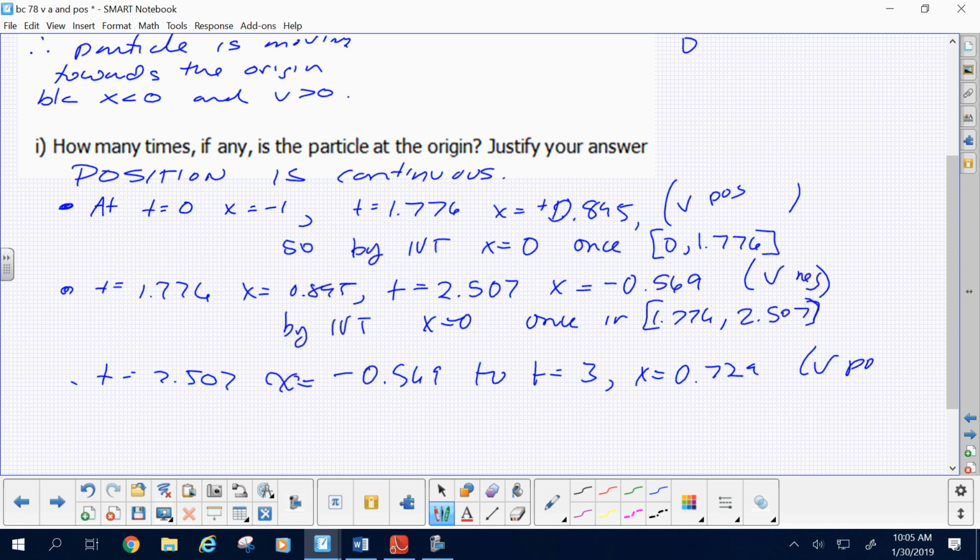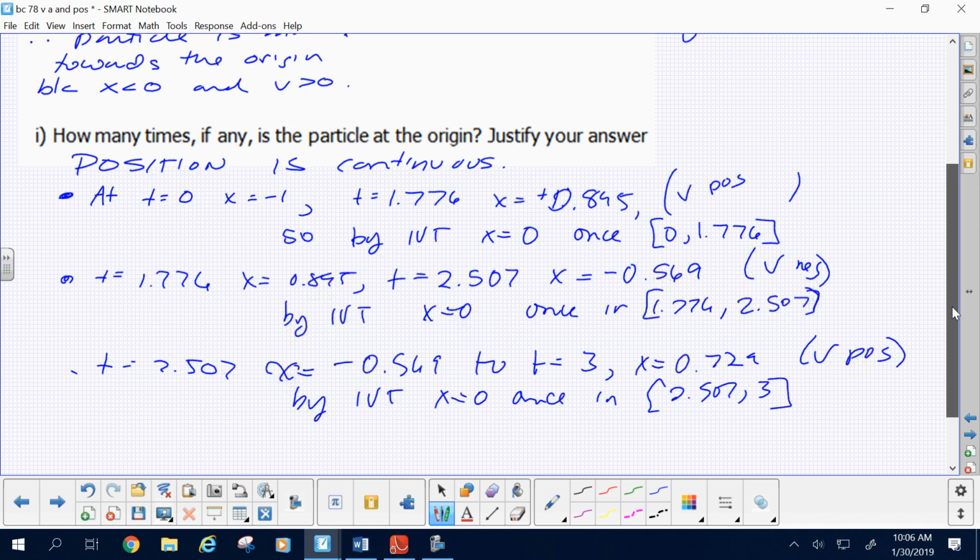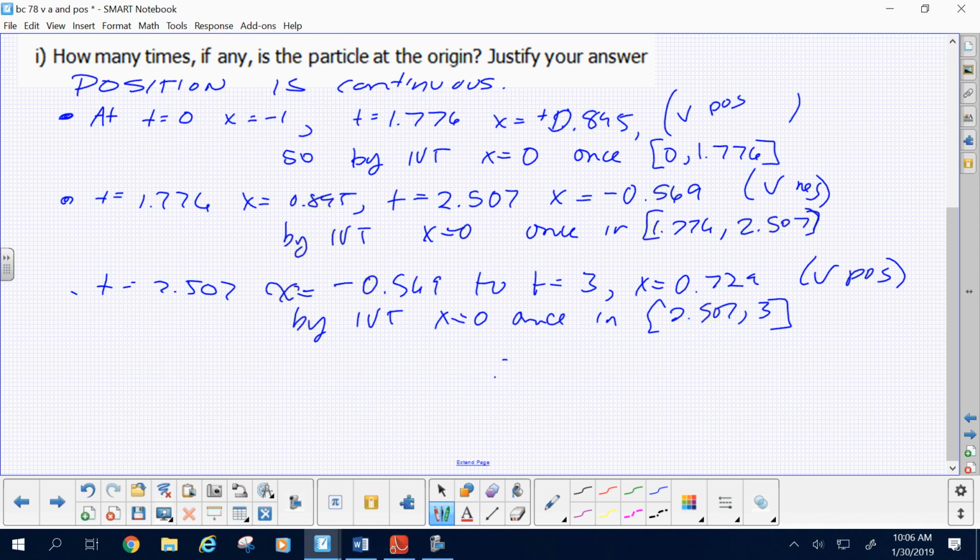Velocity is positive over the whole interval. By IVT, x equals 0 once here in that interval from 2.507 to 3. So we would conclude that x equals 0, 3 times, and that is exactly, not at least.